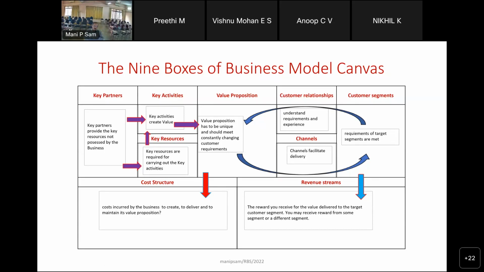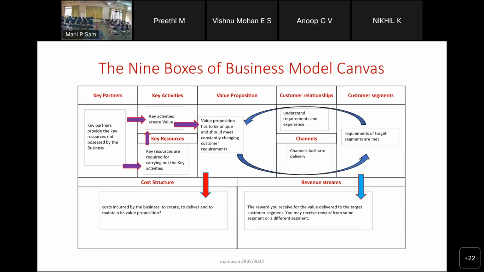So value proposition is not a static thing, it is a dynamic thing. And the dynamic value proposition is created through key activities, the activities which create value.